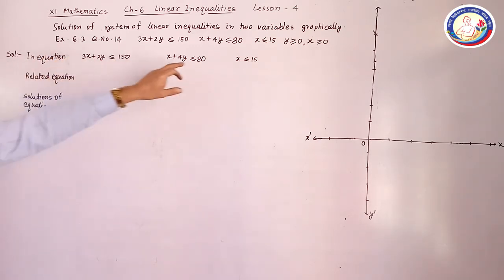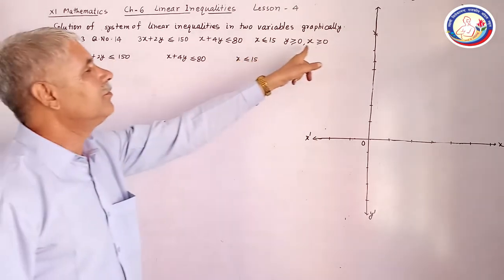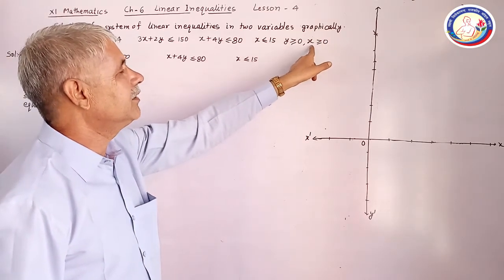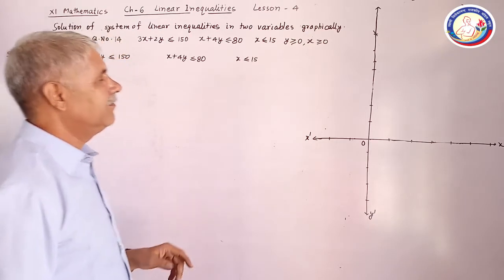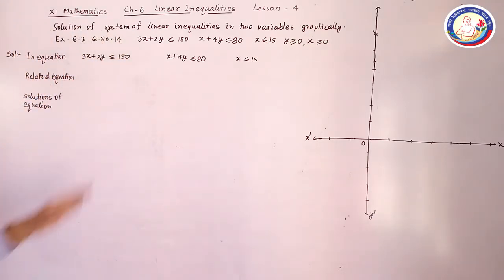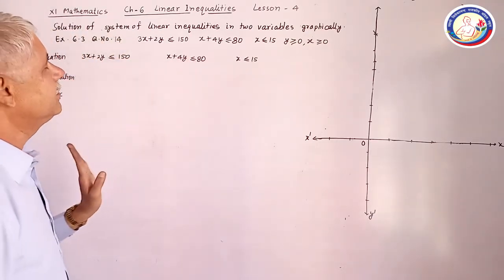We are given 3 inequations and then 2 inequations for non-negativity of x and y. So I am taking these 3 inequalities first.